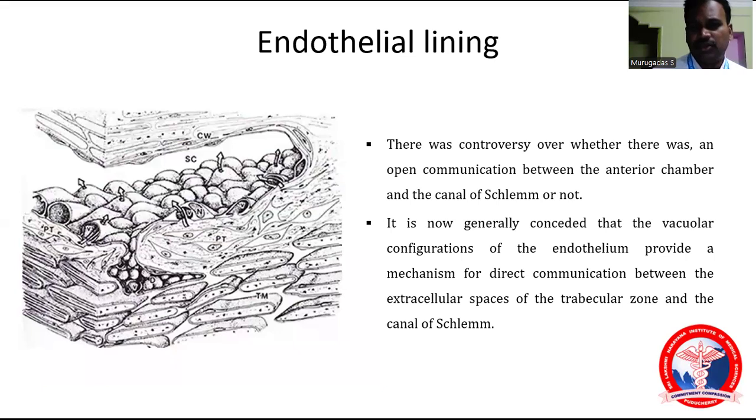There was a controversy over whether there was an open communication between the anterior chamber and the canal of Schlemm or not. It is now generally considered that the vesicular configuration of the endothelium can provide a mechanism for direct communication between the extracellular space of the trabecular zone and Schlemm's canal.